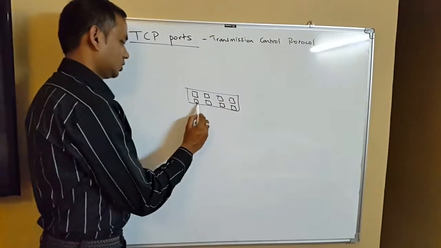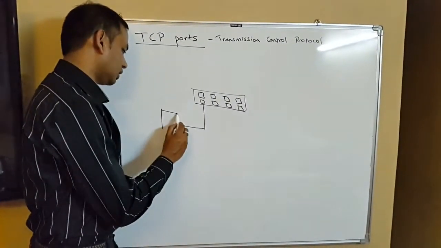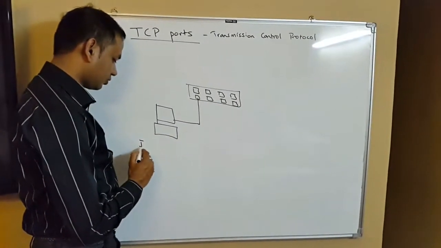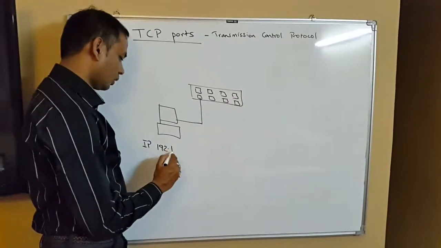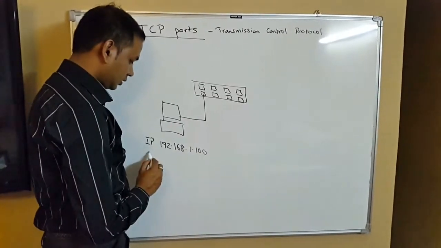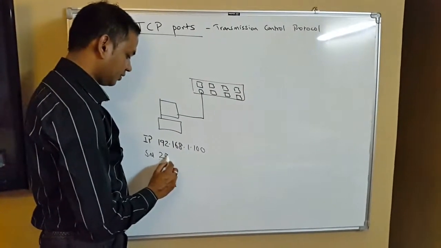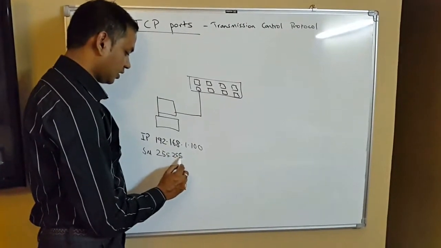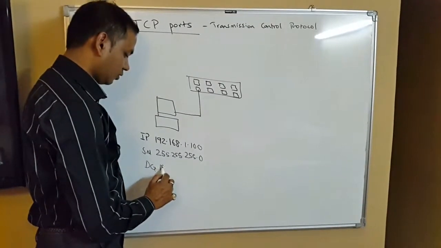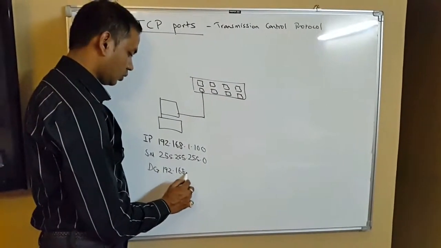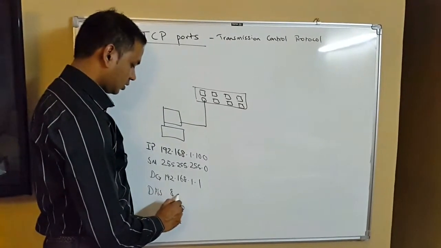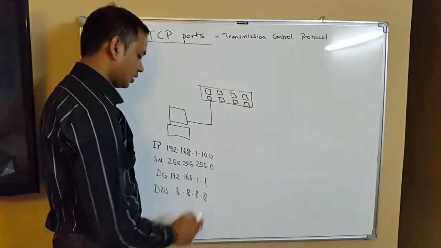You have a switch. You have a PC connected here. And that PC has an IP address of 192.168.1.100, a subnet mask of 255.255.255.0, and a default gateway, for example, of 192.168.1.1, and a DNS IP, for example, 8.8.8.8.